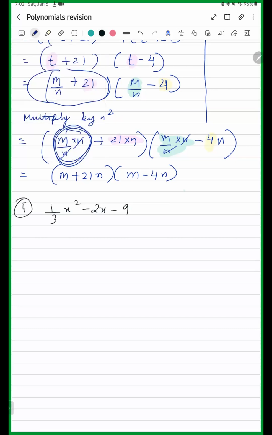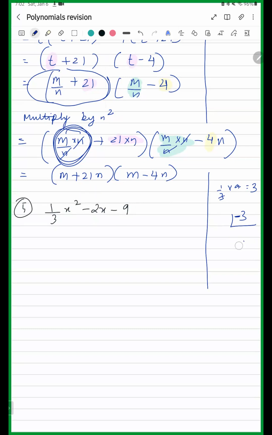Multiply this and this. What do we get? We get 1 by 3 into 9, which is 3. So you have 3. And this is negative 3 actually. You're supposed to find two such numbers. When you add them or subtract them, you get minus 2.